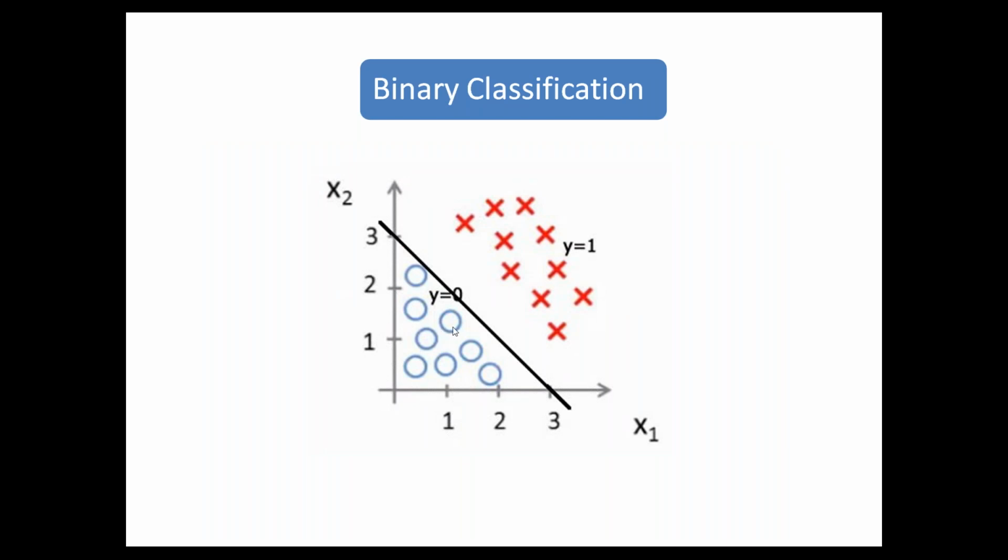All these circles are on one side of the line, so for them y is equal to 0, and the others will be equal to 1. This line is the decision boundary, and these are all class 1, these are all class 2.